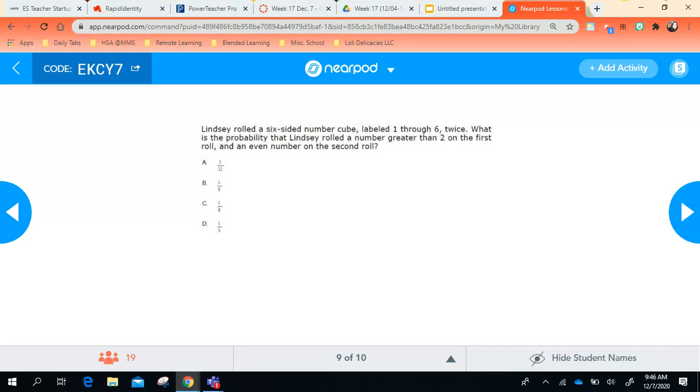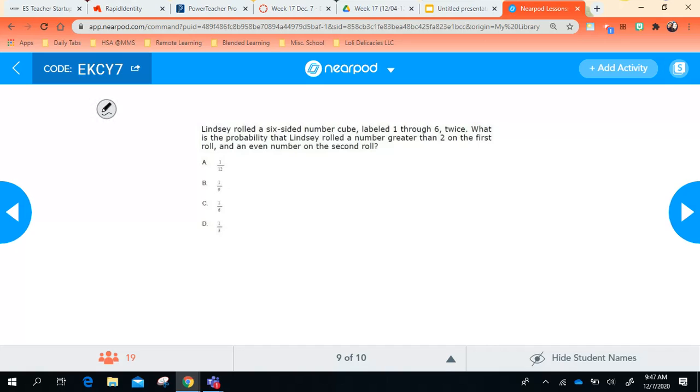Okay, last problem. Lindsay rolled a 6-sided number cube, labeled 1 through 6, twice. What is the probability that Lindsay rolled a number greater than 2 on the first and an even number on the second?